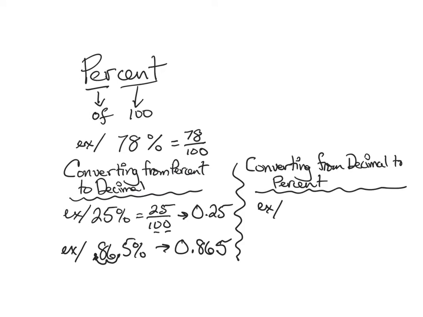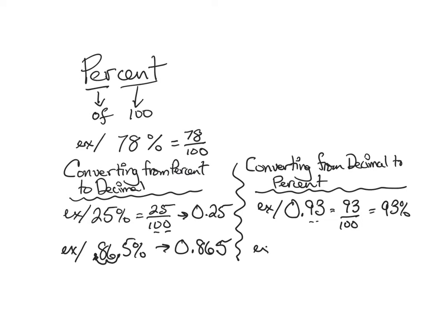In this case, we'll just be moving it to the right 2 spaces. So if I have 0.93 as my number, I know from fractions that this is actually representative of 93 over 100, which would then be 93%. But if you think about it, all I've done is move this decimal place over.